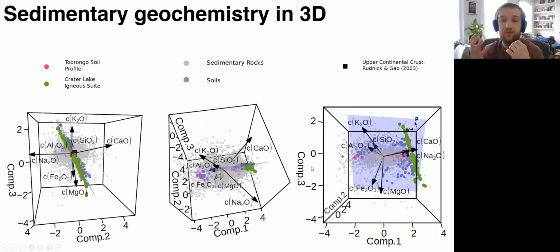3D is obviously a normal XYZ space, so we visualize it on a 3D scatter plot. These just represent different views of the same data. It's the same 3D space, and we're just looking at it from different angles. Just to highlight some features, the gray points in the cloud are our sedimentary geochemical data.